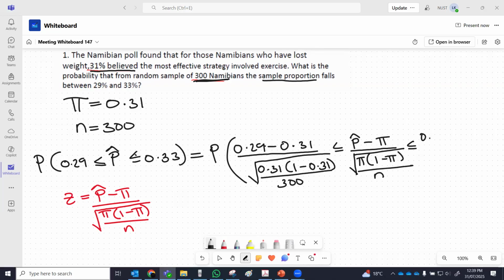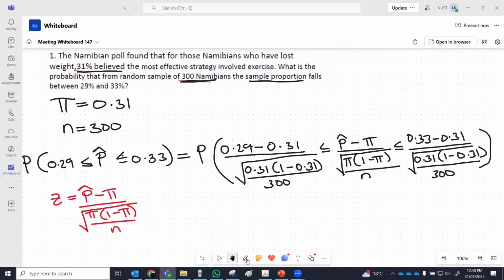So we have 0.33 minus 0.31 divided by the square root of 0.31, 1 minus 0.31, divided by 300. Okay, and then we close our brackets like so. Then these values we just work out on our calculator.